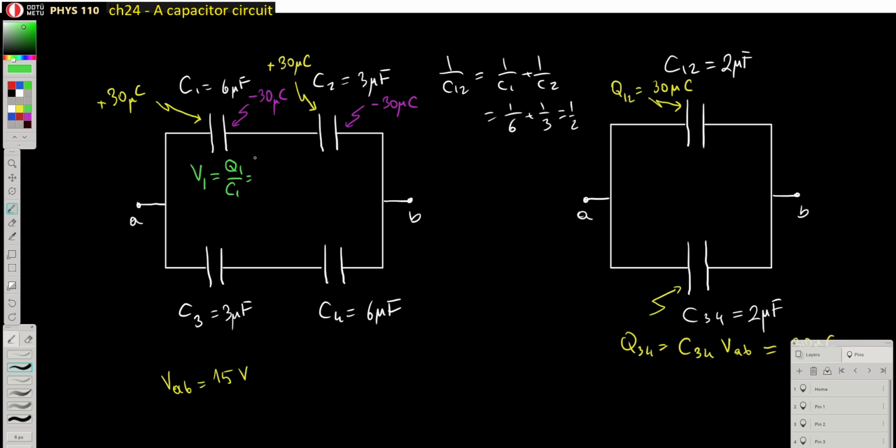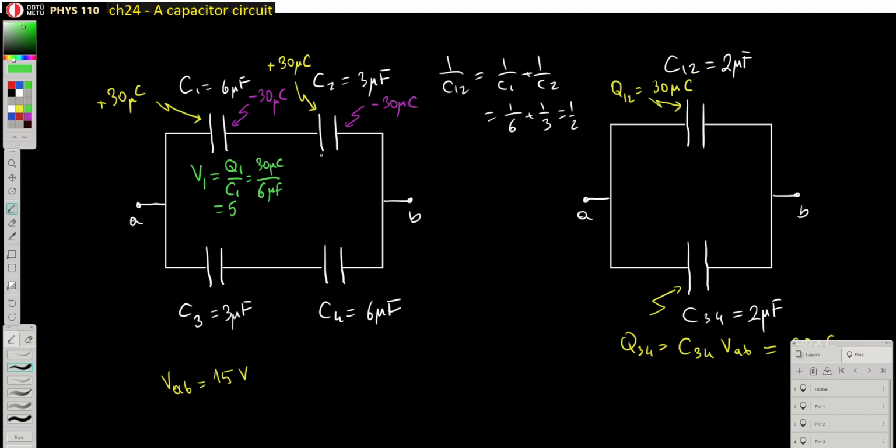So that's 30 microcoulombs, and the capacitance is 6 microfarads. So that potential difference in here is 5 volts. Yeah, I was able to calculate it at last. All right. So let's say that this is 5 volts. So that's the potential difference on this capacitor in here.